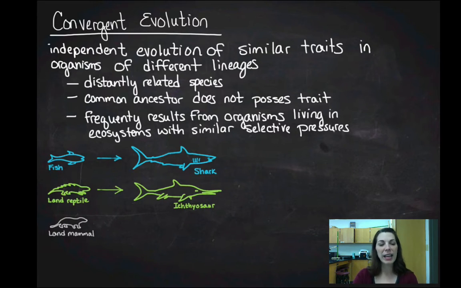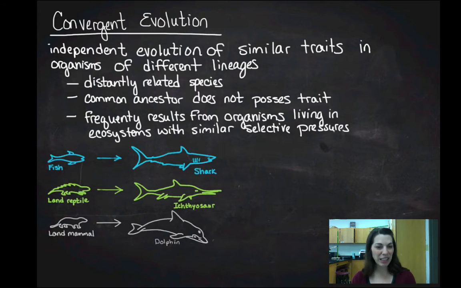If I look at a pretty generic ancestral land mammal, so ferret-like or large rat-like, the mammalian lineage also has a very similar shaped organism. So the dolphin also has that very similar shape. So here's three different lineages, fish, reptiles, and mammals, and I'm getting organisms out of those three different lineages that all arrive at the same shape.